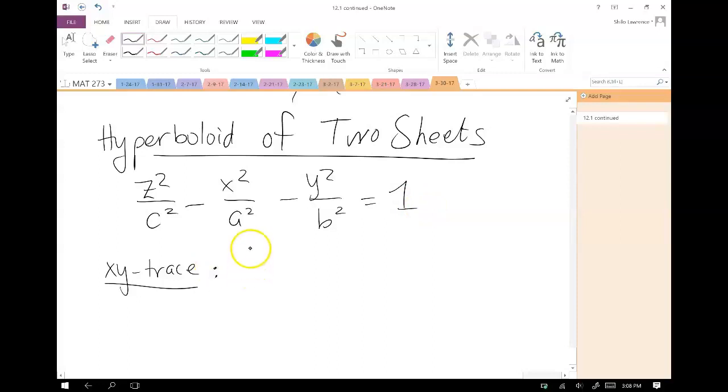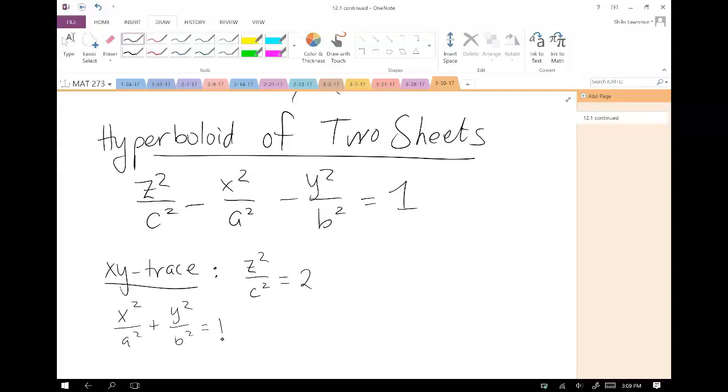So I would make z squared over c squared equals 2. And then I would do some manipulating of this equation and have x squared over a squared plus y squared over b squared equals 1. So the z equals 0 here is not even possible because you have a negative equal a positive, which is not going to happen.